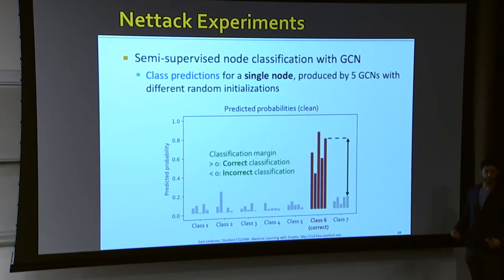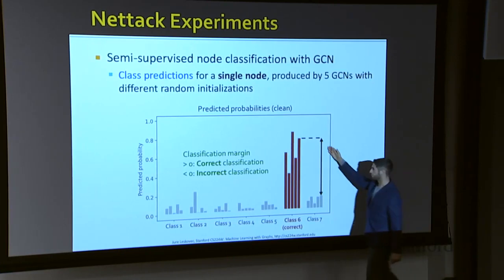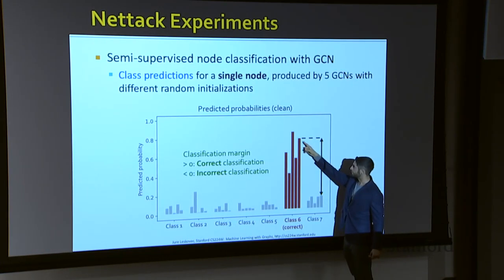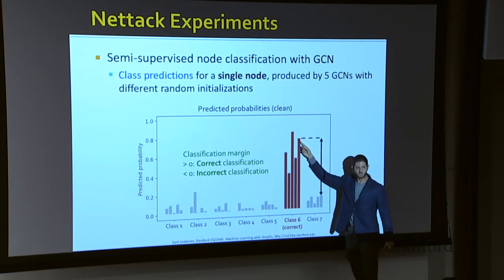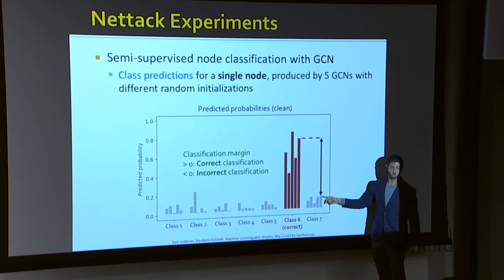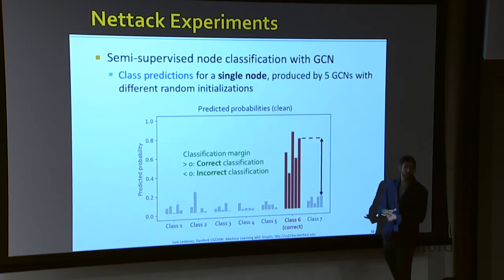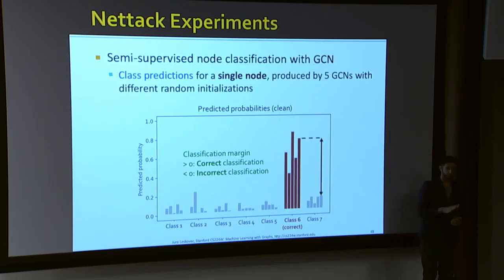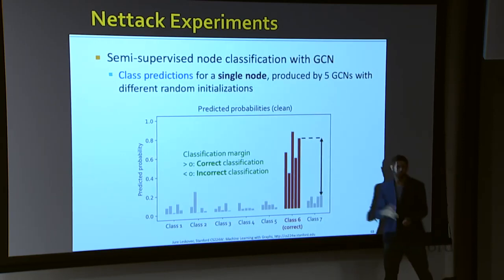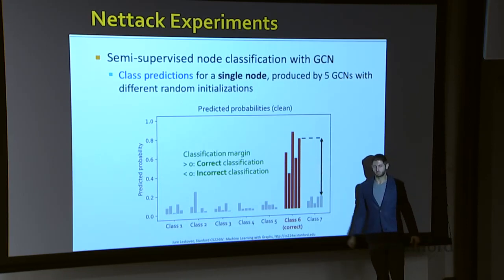Now, what we care about is the classification margin, which is the difference between the highest probability and the second highest probability that we see in our plot. If this margin is very small, then we have high uncertainty in the classification that we generated. Conversely, if it's very high, then we trust this classification.